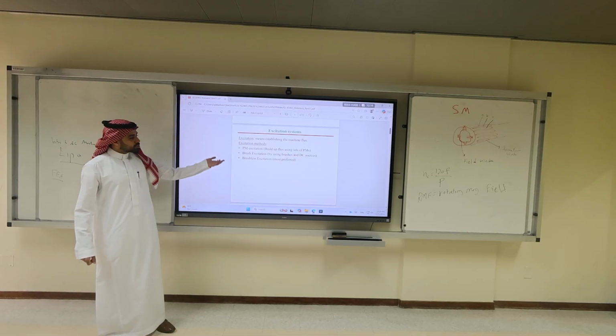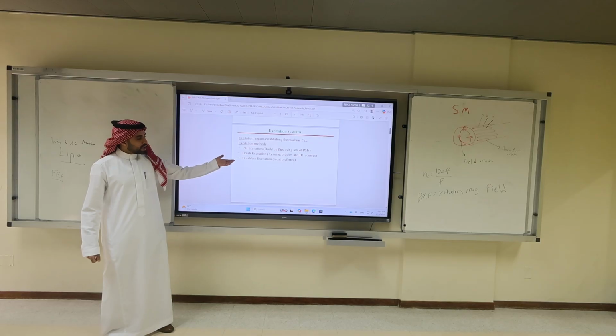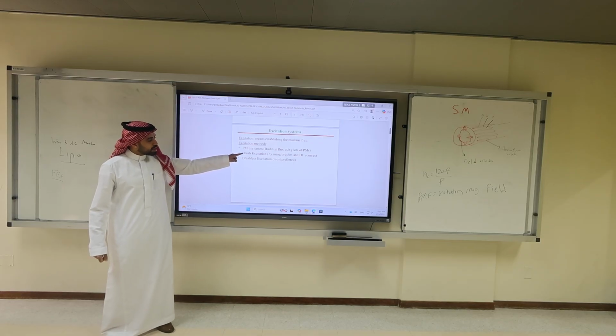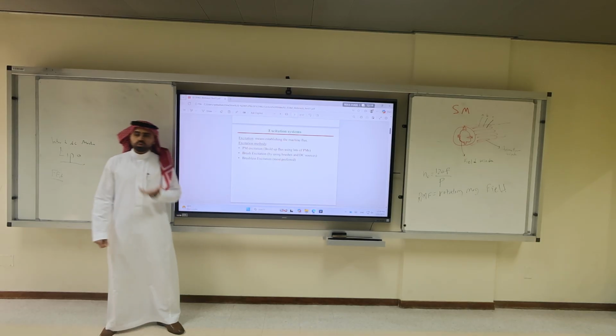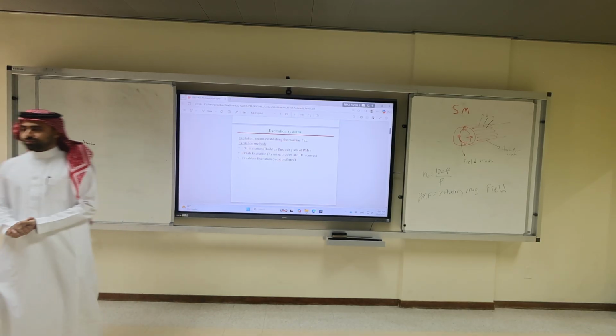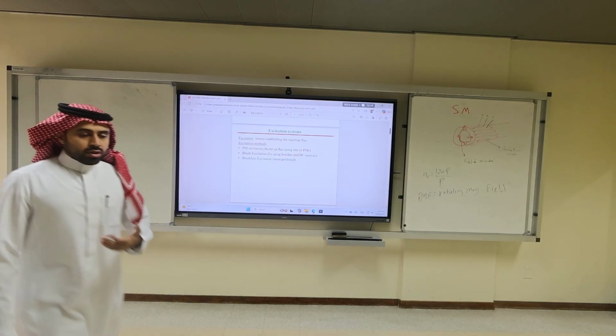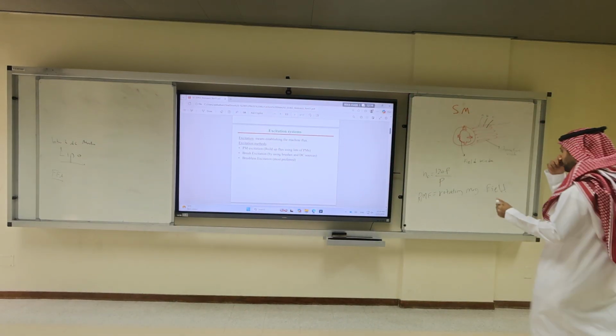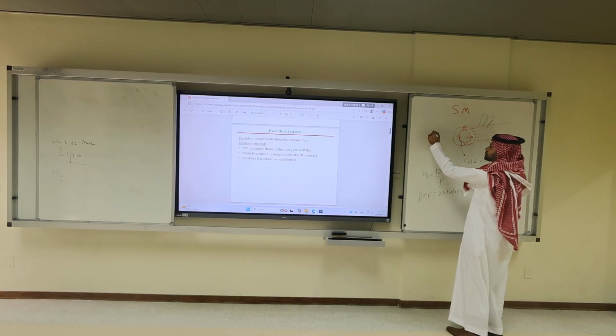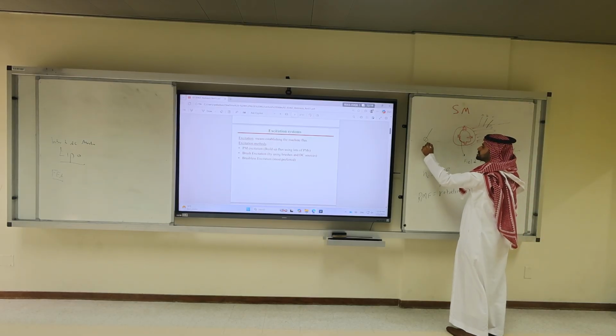So that's why for generators, big applications, we use either brush excitation or brushless excitation. So what is the brush? You remember DC machines, right? In DC machines, you have the terminals where you have slip rings.